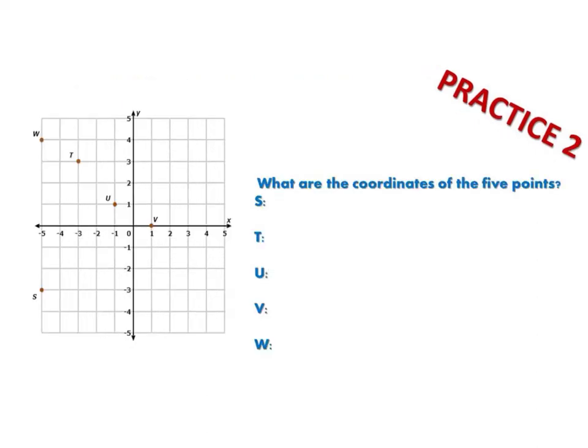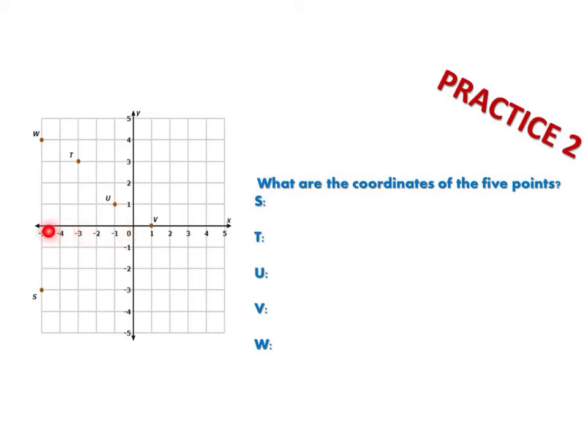The next practice problem asks you to find the coordinates of the 5 points S, T, U, V, and W. Let's look how to write this out. Let's look at point S, and that's the point right there. So to find the coordinate of that, we start at the origin.